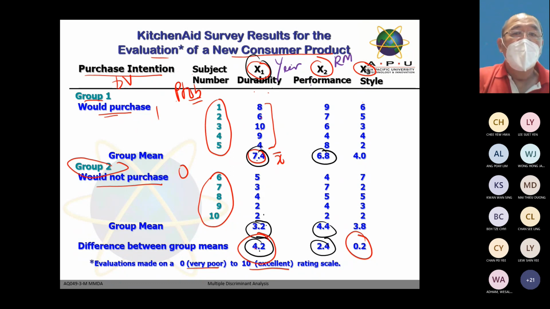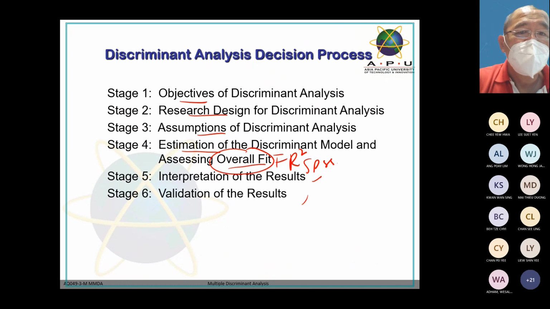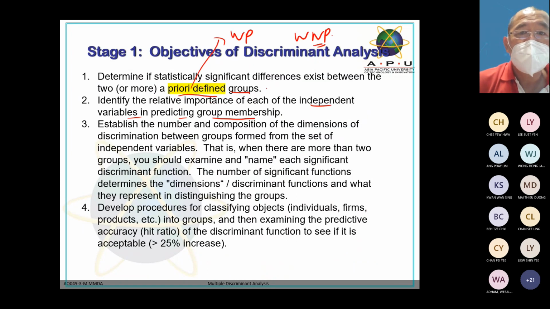So you always understand the concept from the basic idea. The output will be a bit more complicated. Now establish the number and composition of the dimensions of discrimination between the groups. Between the groups, we see what the differences are, formed from the set of independent variables.